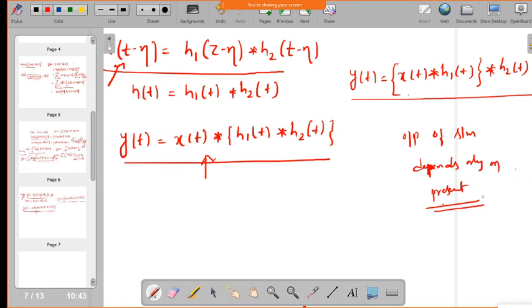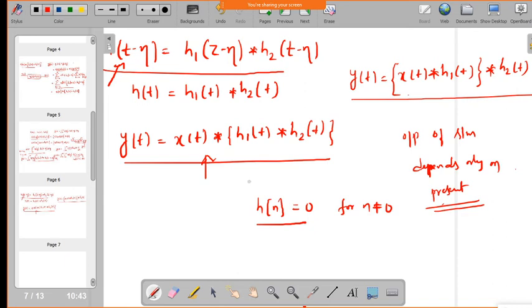Now if you come to the LTI system, if the LTI system is said to be memoryless, then the impulse response h of n should be 0 for n not equal to 0. Because the impulse response is the response of the system when we give the input as delta of n, that is the impulse, which is given only at n equal to 0.